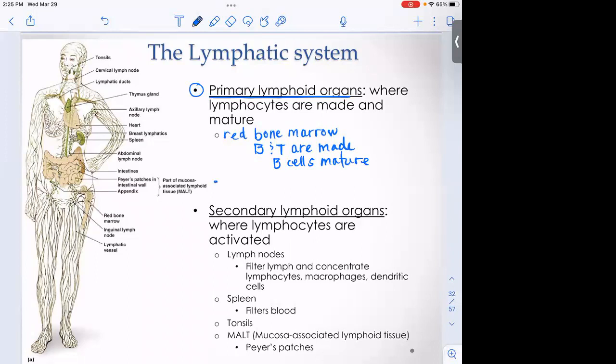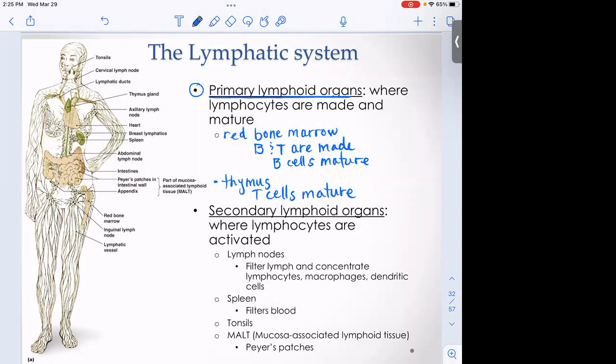The other organ that's considered a primary lymphoid organ is the thymus. And you guessed it, that's where T cells are going to mature. I assume that's where the name came from, T cells, because they mature in the thymus.